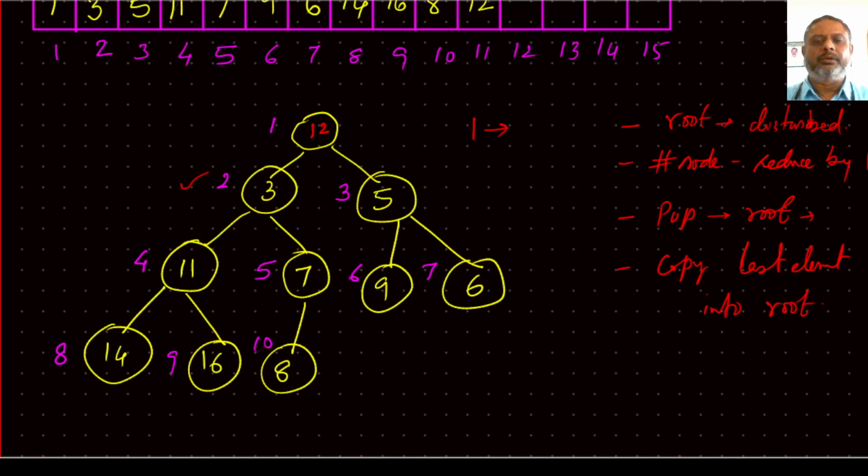A subtree with the root at node 2 has 3 as its smallest element. Same way, a subtree with root at node 3 has 5 as its smallest element, and so on.